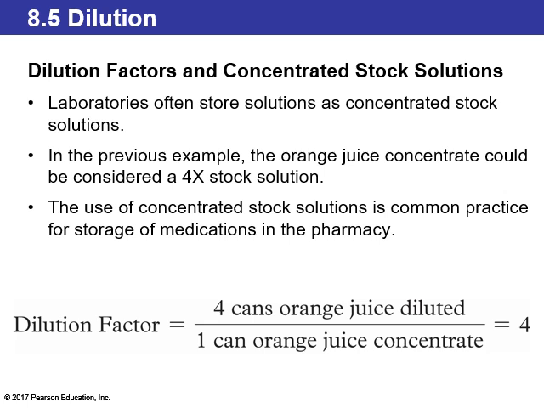If it's a 4x stock solution, you just have to dilute it by 4 times, which would mean you want the final volume to be 4 times higher. So if you had that can of orange juice and it's a 4x solution, you would put the can of orange juice into the container. That's 1. Then you would use 3 additional cans of water.